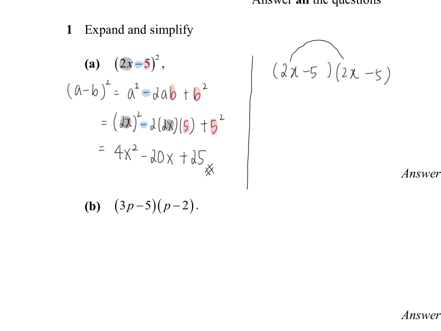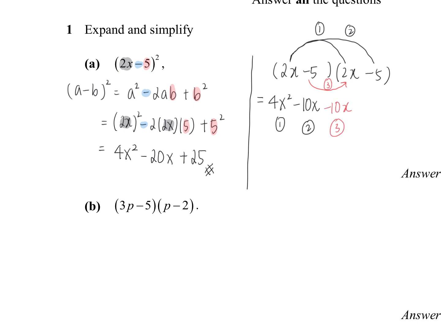So when you expand, 2x times 2x is 4x squared. This is number 1. Okay, then you move on to the next number. 2x times negative 5 is minus 10x. So this is number 2. And then the third term, this is minus 10x also.